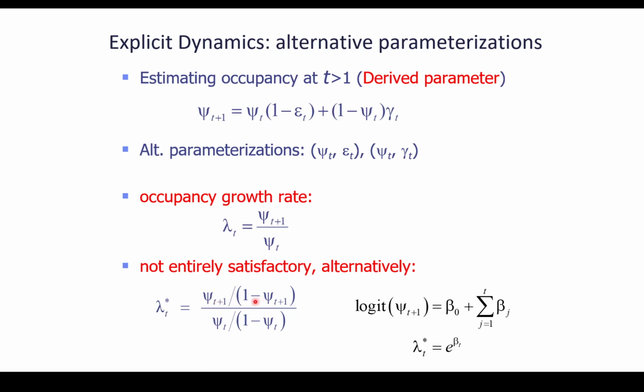If you look at the numerator, this is basically like the logit. It's the log of the odds. So it's psi divided by 1 minus psi at time t plus 1, and then the denominator is the same thing for time t. And this tends to be what most people are using at this point, looking at variation in this lambda star parameter.